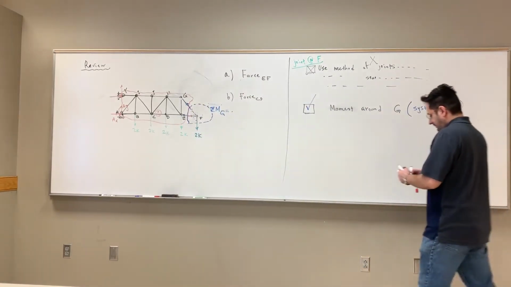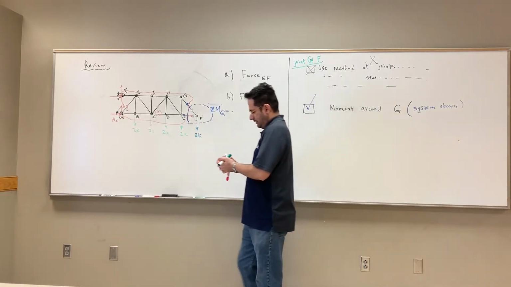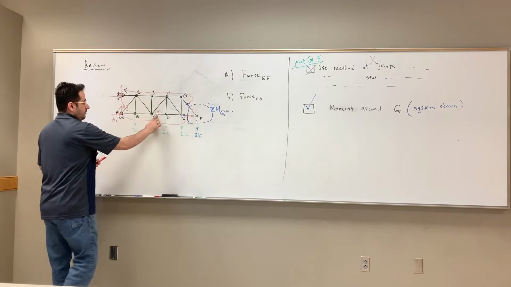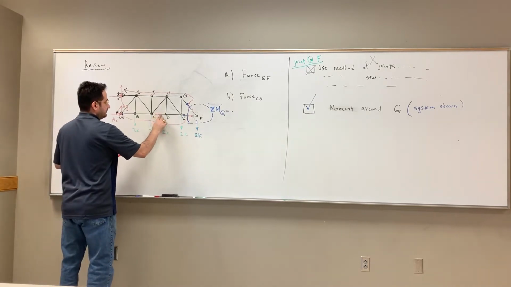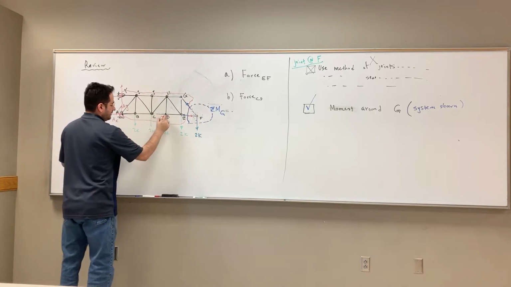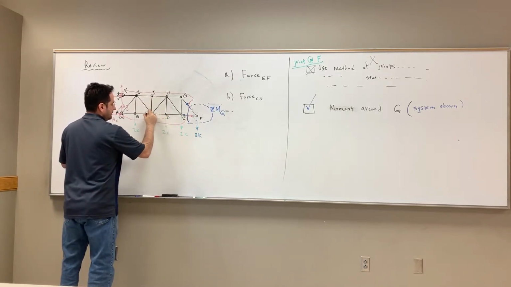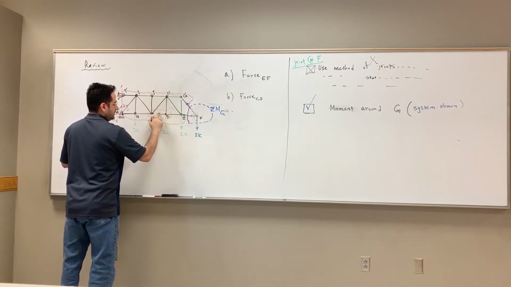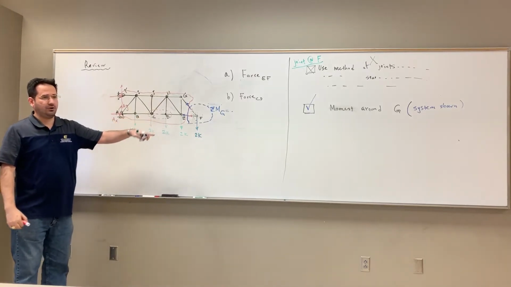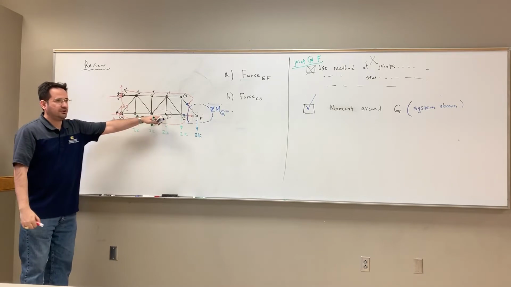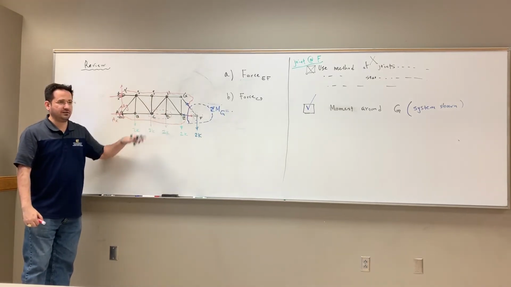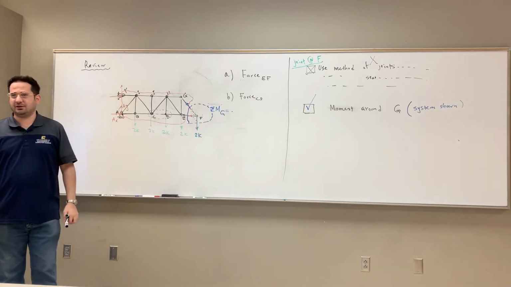Another thing which is in fact very disappointing: if I want to find a force here in this member CD, some student wrote a system like that, and then the answer was, I do method of section with this section given, and then I can find the force in CD. Well, no, you can't.